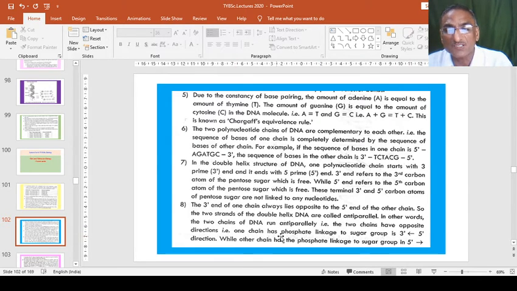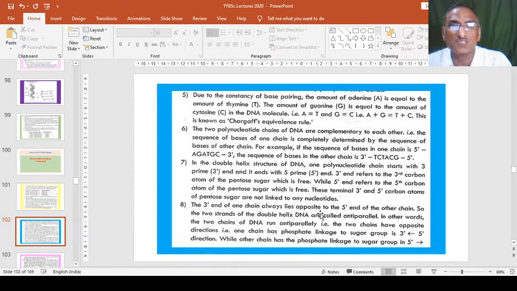That is, one chain has phosphate linkage to sugar groups in the 3' to 5' direction, while the other chain has the phosphate linkage to sugar groups in the 5' to 3' direction.